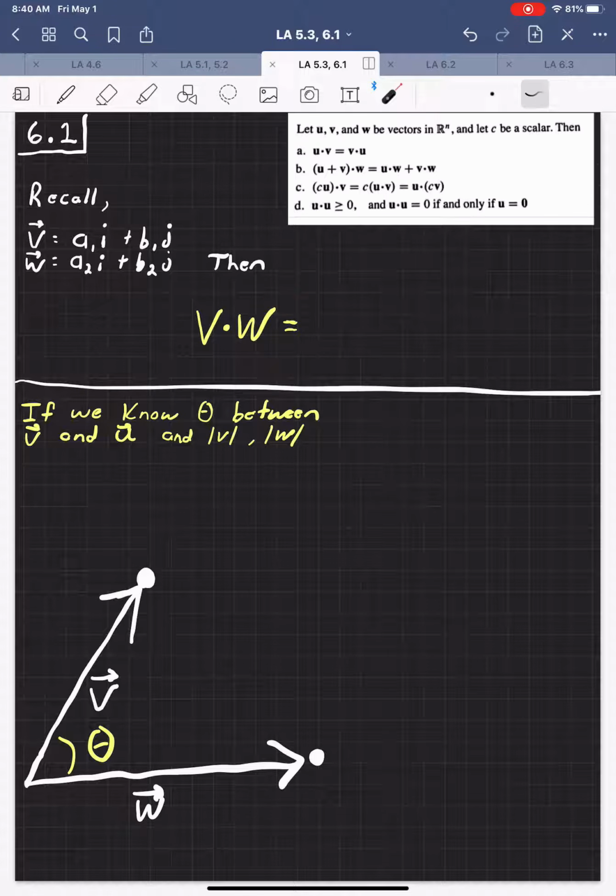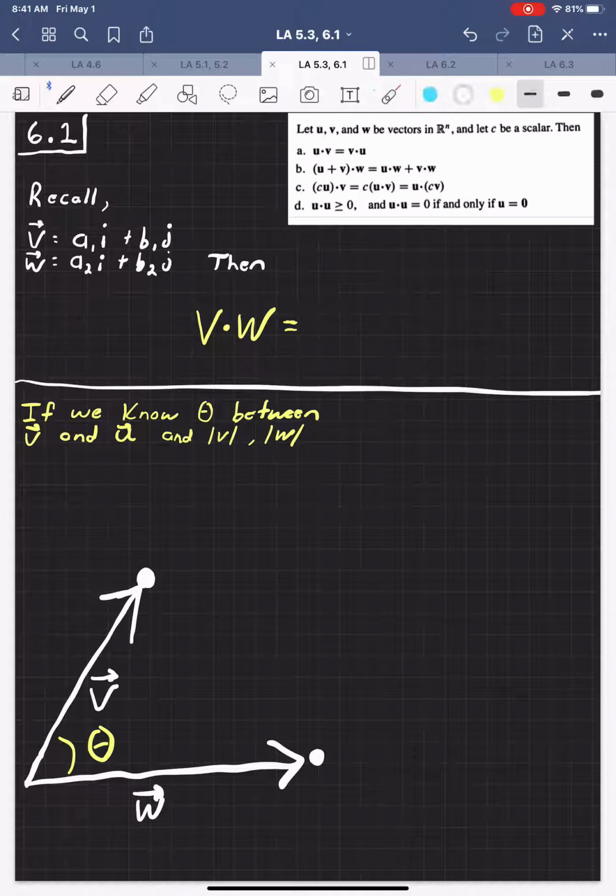We're going to start with just the dot product, revisit it, make sure we understand the basics, and then start to add, okay? So just imagine I have two vectors, vector V, vector W. And in this particular case, I actually know my ij notation for both of these vectors.